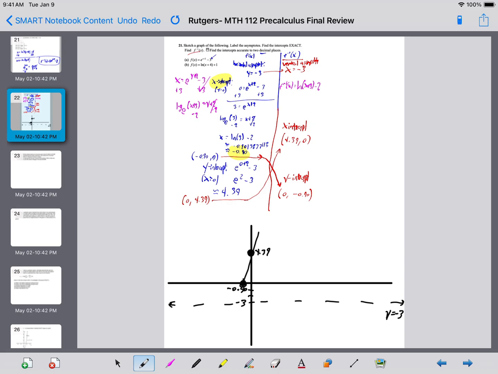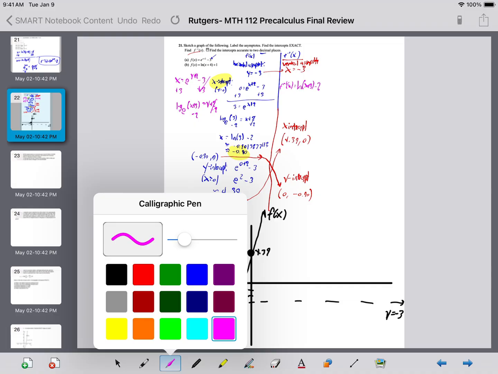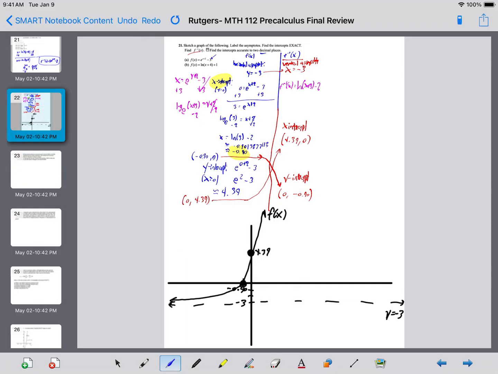So it'll look like this. That is f of x, your exponential. Now for the inverse function. The inverse function, we said that the vertical asymptote would be negative 3. So 1, 2, 3.